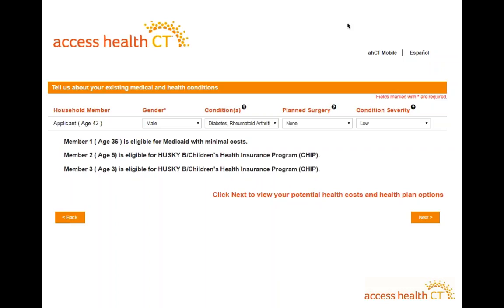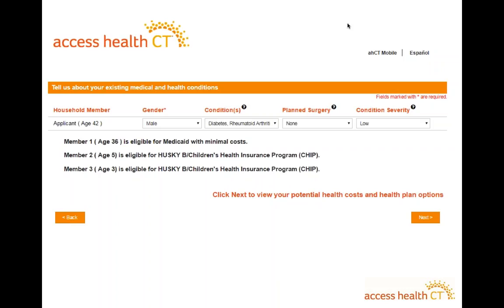So age we knew all along, but we also want to know if it is a male or female, because their patterns in diseases or surgery are a little different. And then we asked for their condition. Like I say, this person may have multiple conditions like diabetes and rheumatoid arthritis, and the member is not planning any surgery, and the condition severity is low.